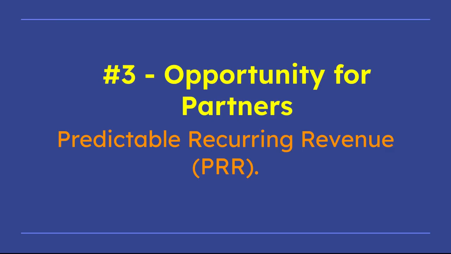And now we will understand what the opportunities for the partners are and how this predictable recurring revenue, PRR, can be built and what will be its process. As we have discussed earlier, you promote the free CRM. Now, there are various ways to promote free CRM, and we will discuss them in detail one by one. Here, I'm explaining the overall idea to you.